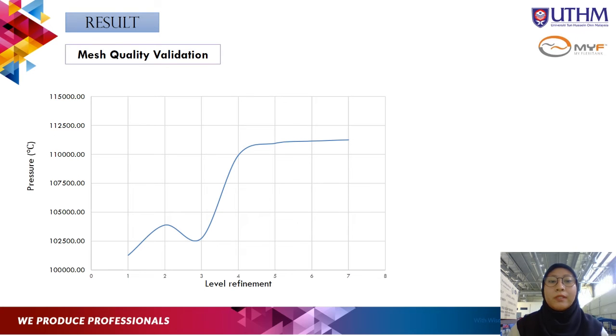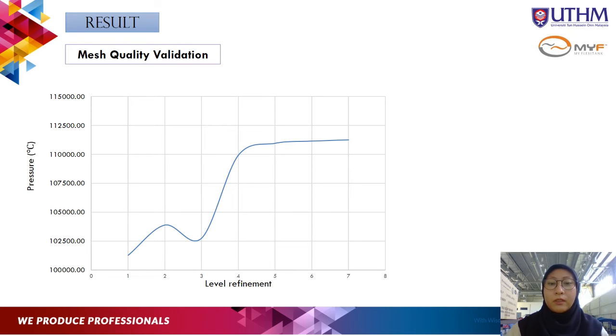So this graph shows the mesh quality of the pressure versus levels of refinement. Based on the graph, there are slightly significant changes of the pressure, with the average relative error below 1% in pressure from the level refinement between 6 to 7.